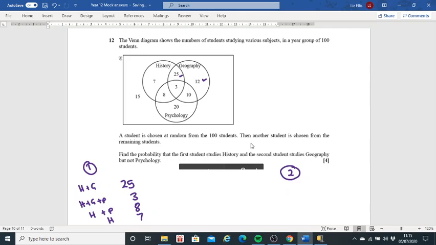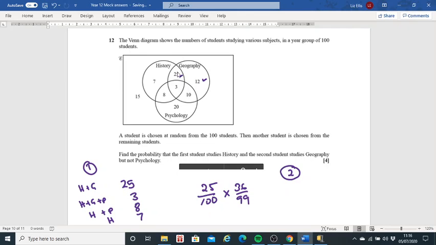Are we okay with that idea? So we've either got 25 out of the 100 people for the first one, times 36 over 99 for number 2. Now, where does that 36 over 99 come from? Remember, we're looking at people that study history and geography. If we're looking at people that study history and geography, we've got 37.